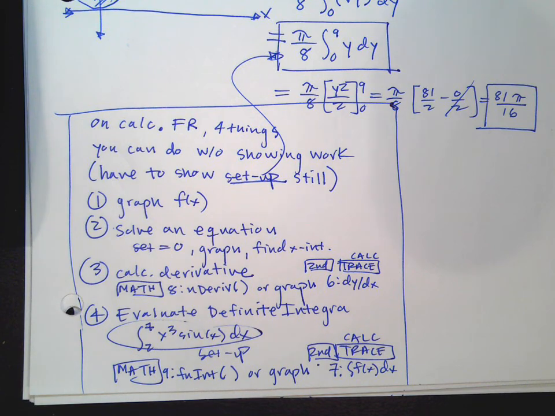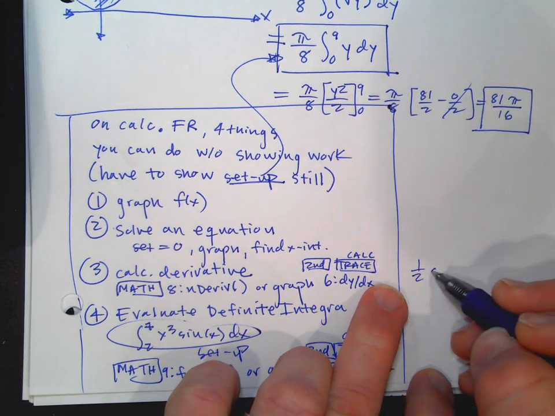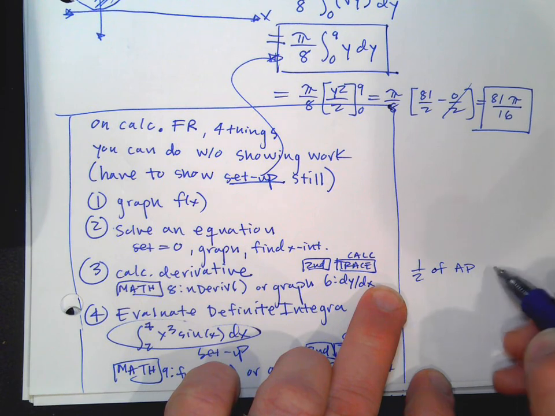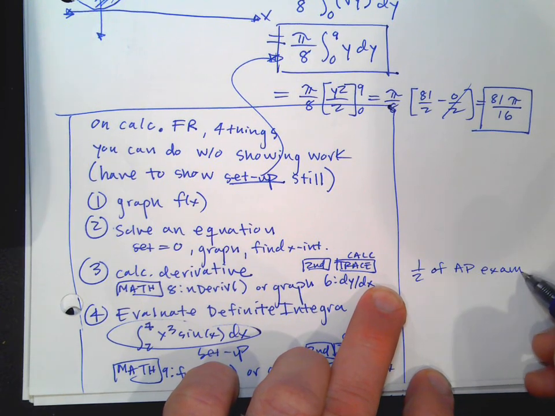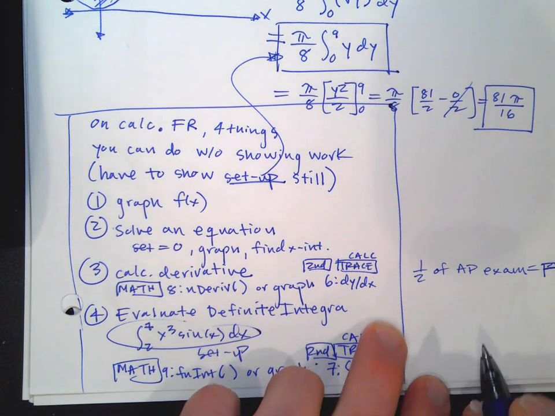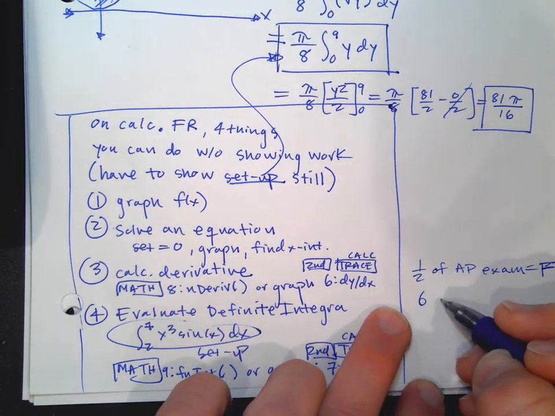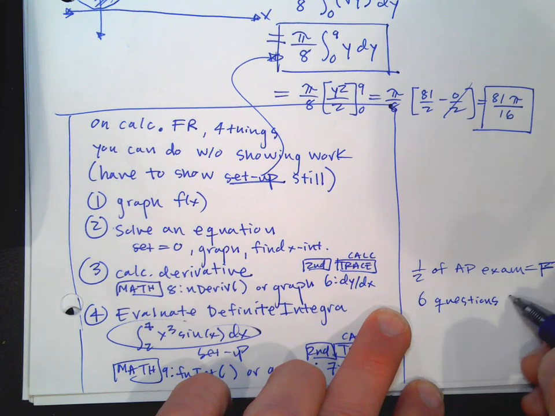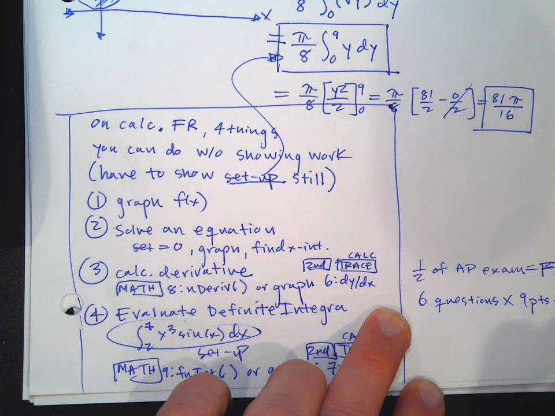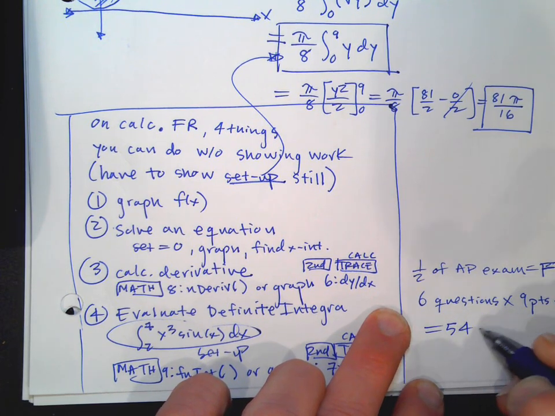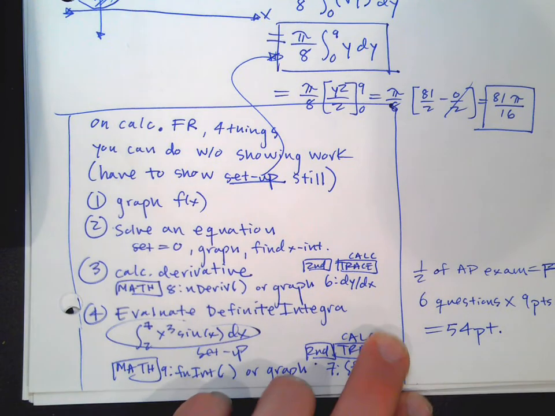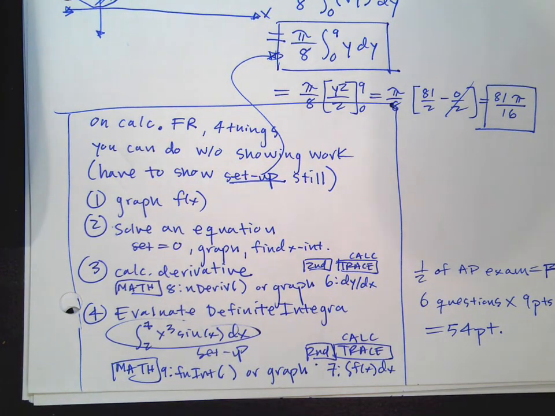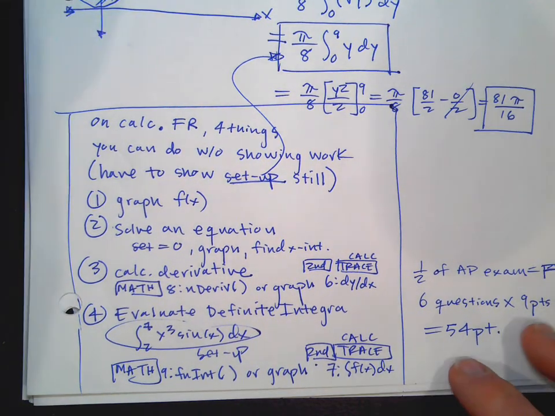And again, half of the AP exam is free response. Half of the time, half of the points. There's 6 free response questions. They're equal to 9 points each. So that's 54 points from free response, and then you get 54 points from multiple choice.